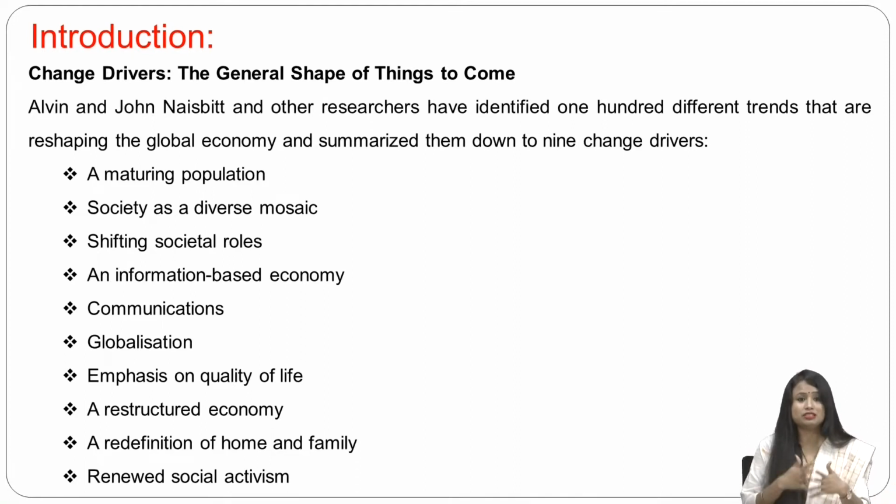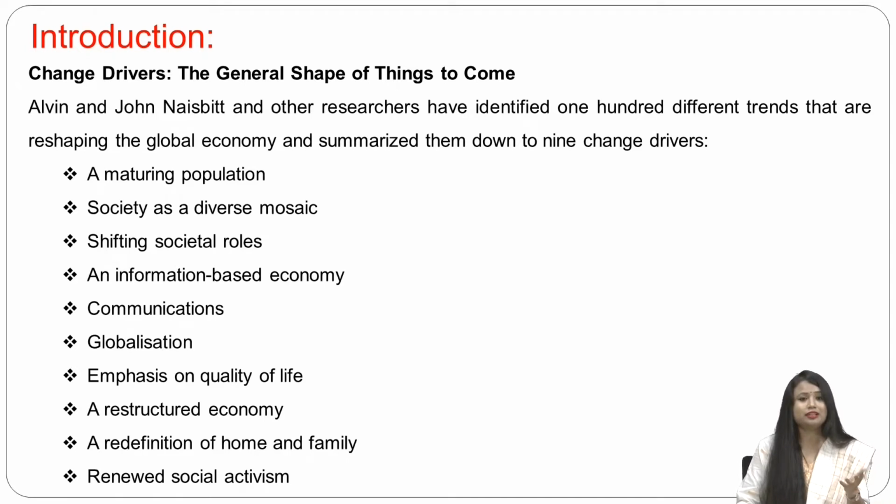the maturing population, the first one. When it comes to maturing, it means something has started somewhere, right? There will be a greater emphasis on sophistication, realism, and responsibility in the days ahead.